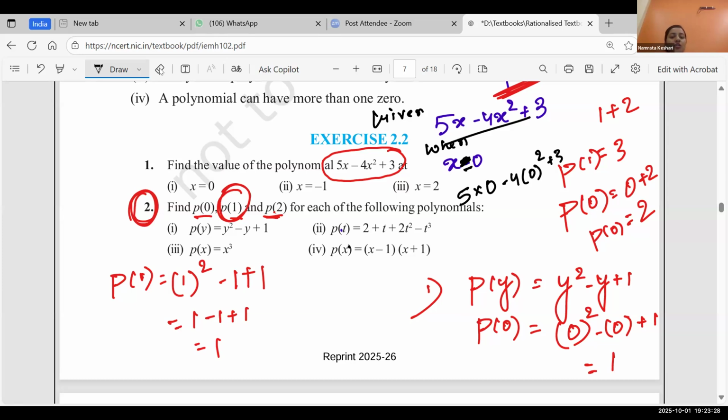We do the calculation, write whatever answer we get, and we are done. Nothing more to do. Clear? Yes, ma'am. So the first one and the second one are exactly the same thing, but given in different formats. Any confusion so far? No, ma'am.